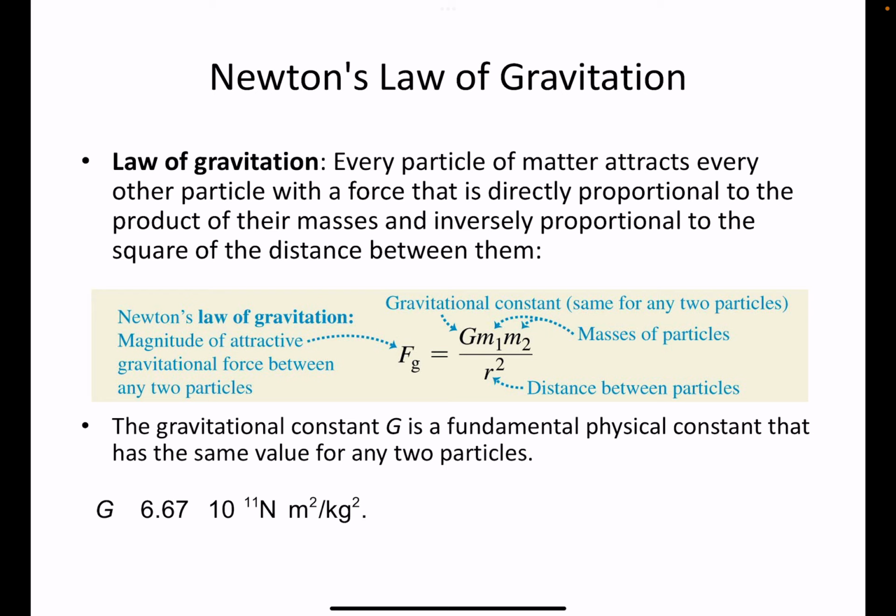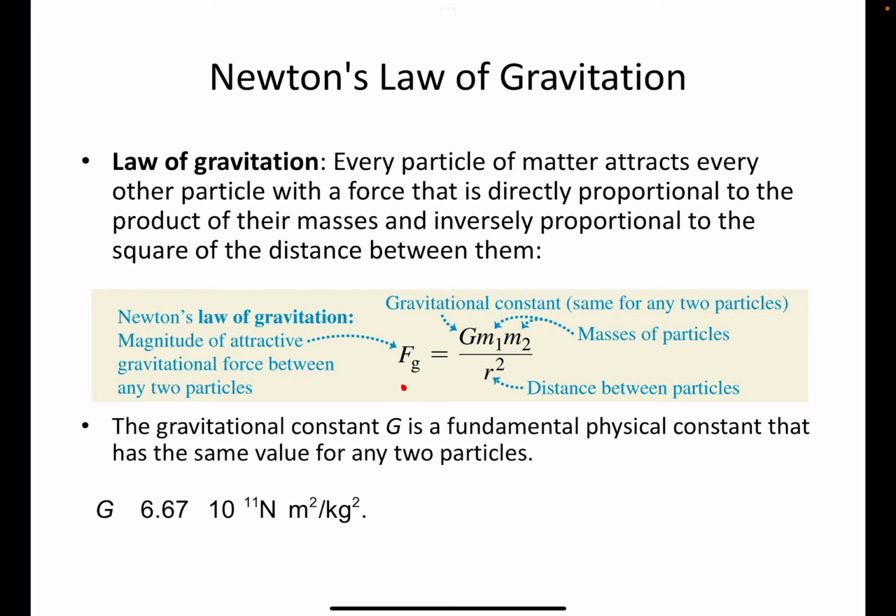This concept is formally described by Newton's law of universal gravitation. It states that any two particles in the universe attract each other with a force that is directly proportional to the product of their masses and inversely proportional to the square of the distance between them.